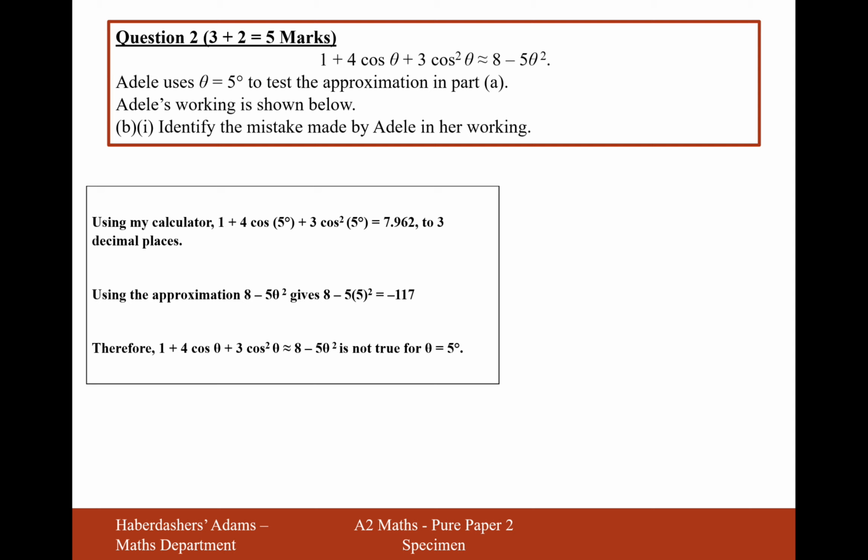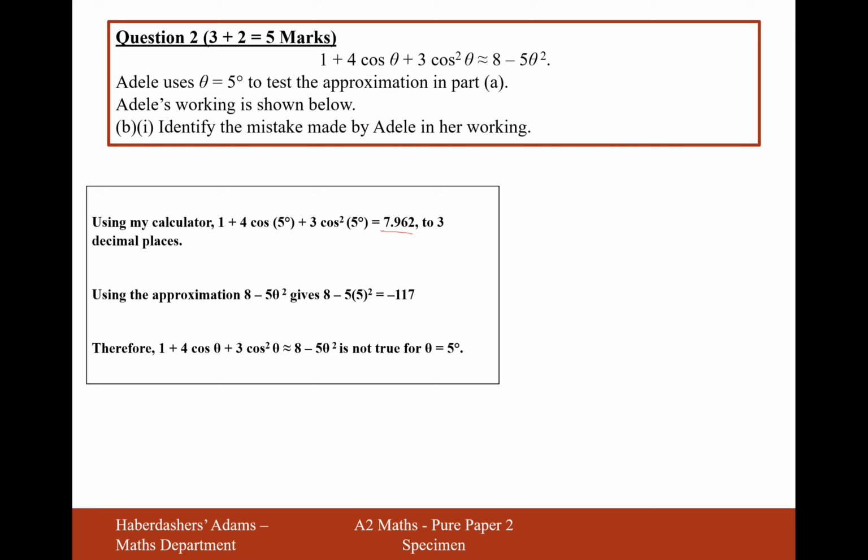So Adele uses theta equals 5 degrees to test the approximation in part A. Adele's working is shown below. B, part I is identify the mistake made by Adele in her working. Okay, so she used a calculator to start with, 5 in degrees mode, worked out what that needs to be, then substituted in 5 into this expression here and got minus 117.